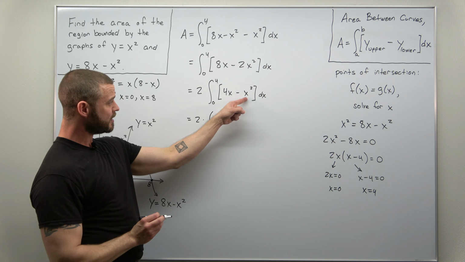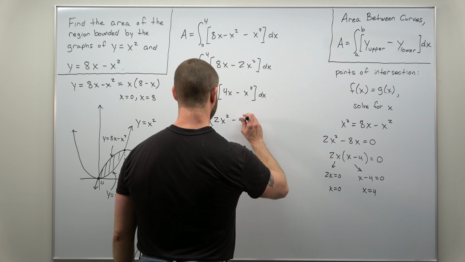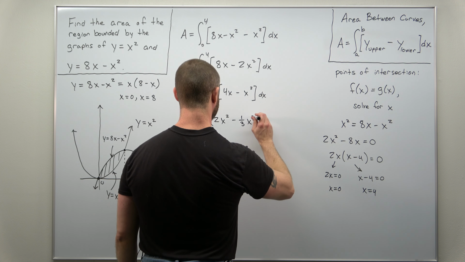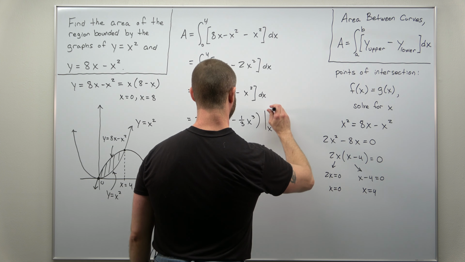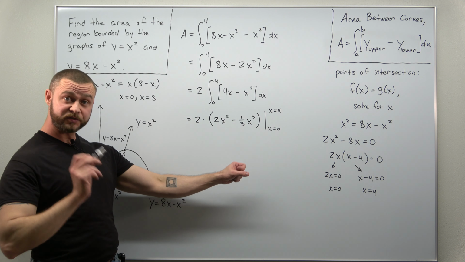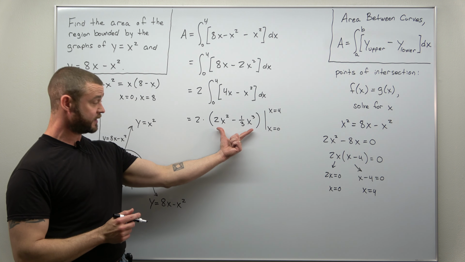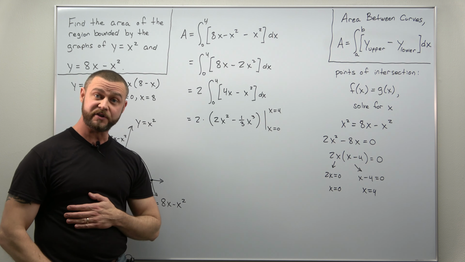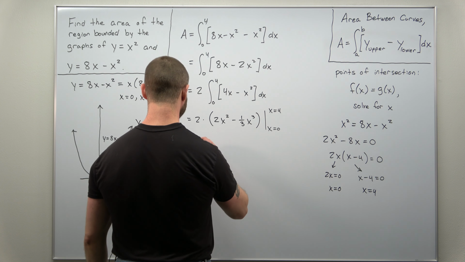And if you integrate x squared, that should come out to one third x cubed. And we just need to evaluate that from x equals 0 to x equals 4. This one's also nice, like the previous problem. When you plug in x equals 0 to this antiderivative, the whole thing just evaluates to 0. And we just need to really plug in 4 to this.